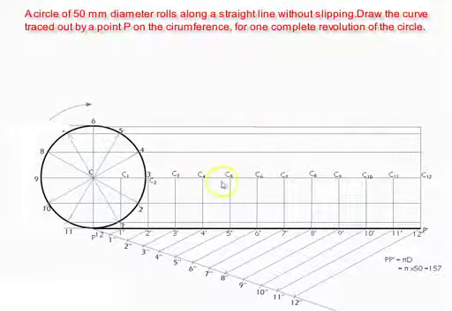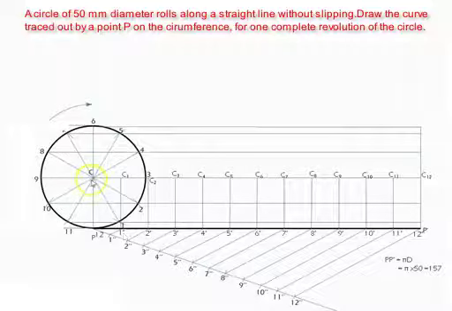After this, the crucial step is that we have to obtain the points P1, P2 and so on. For that we carry the distance in our compass equal to the radius of the circle, and with C1 as a center we cut the horizontal line which passes through the points 11 and 1.